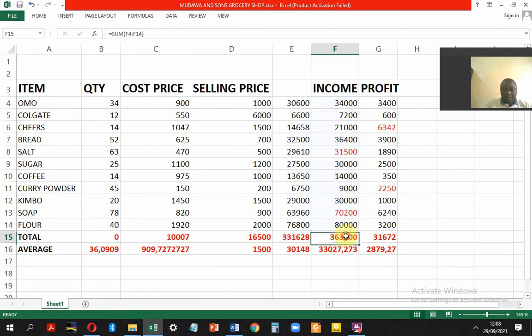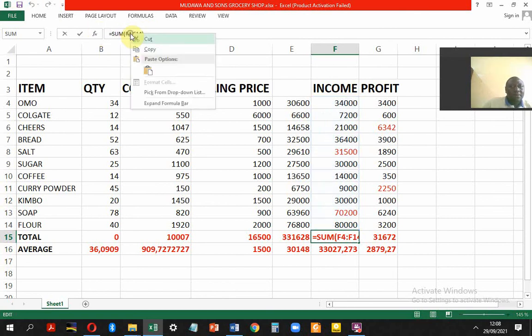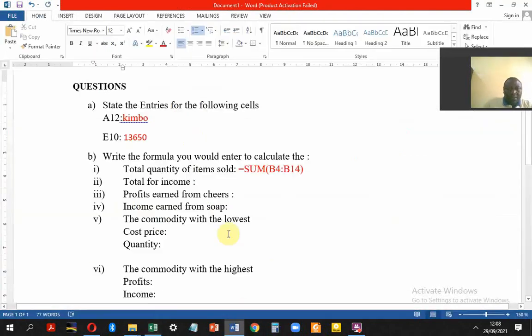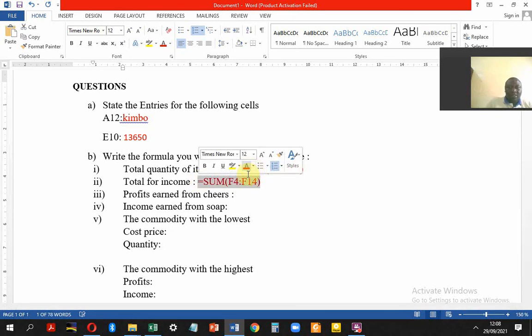So you can see this is our answer. You simply highlight this one, we copy it, we come here and we put that answer there. Remember, we said all our answers should be in red.